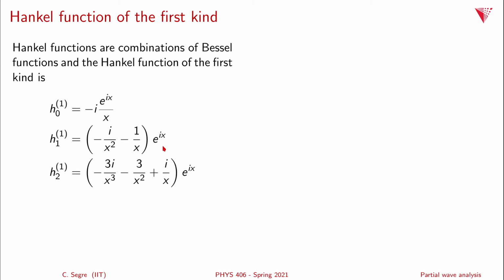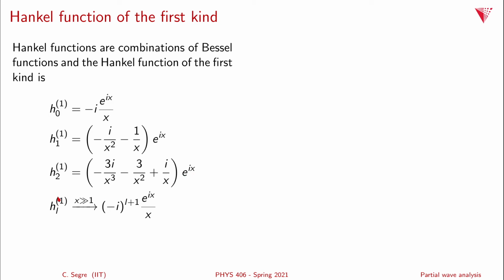As you can see, these expand out in powers of 1 over x. So h sub 2 is minus 3i over x cubed minus 3 over x squared plus I over x times e to the ix.